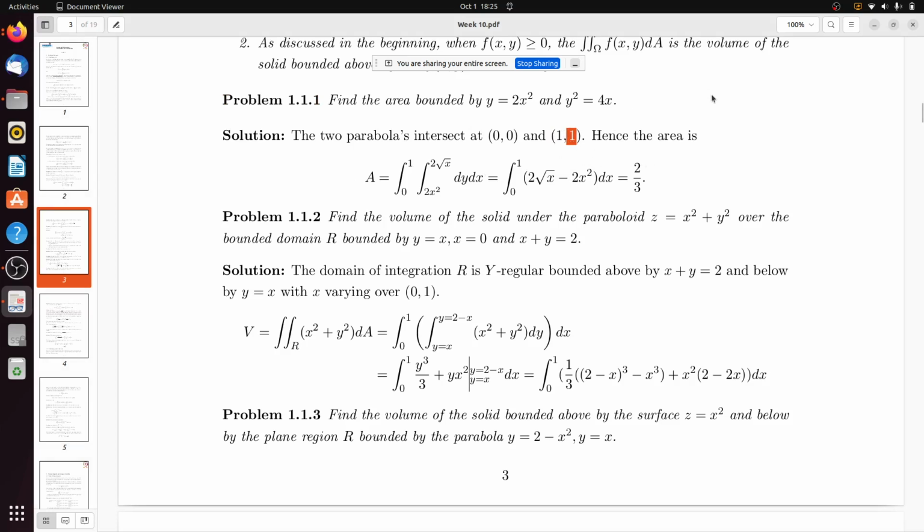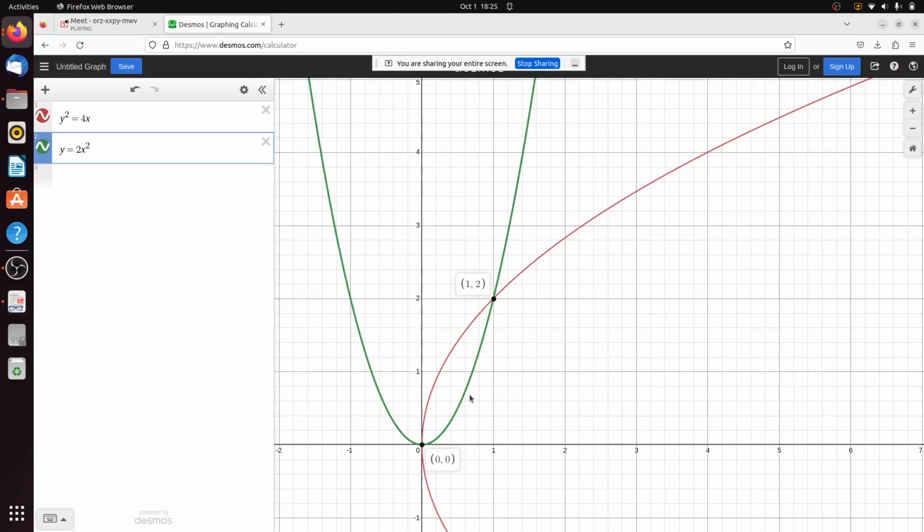Now we have to integrate to find the area. So we will keep x fixed and vary y. Now see, this is already bounded in the first quadrant, so all things will be positive. x will vary from 0 to 1 because this is the 1 2 point and this is the 0 0 point, and y will vary from this green curve, y equal to 2x square, to y equal to square root of 4x.